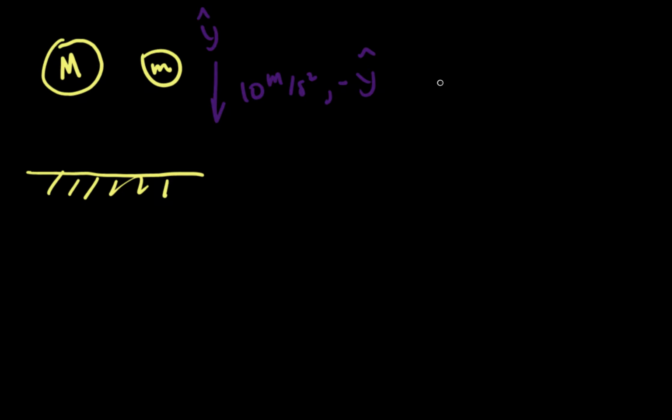So remember, this was defined as an acceleration. Now we can define a gravitational force, and the way we do that is to say that a gravitational force equals the mass times the acceleration of gravity. This also has a very special name in physics.